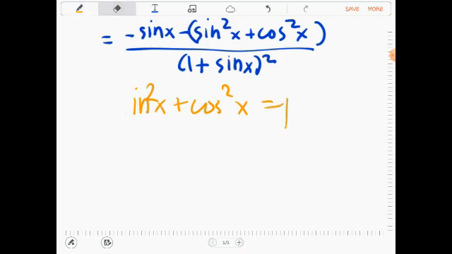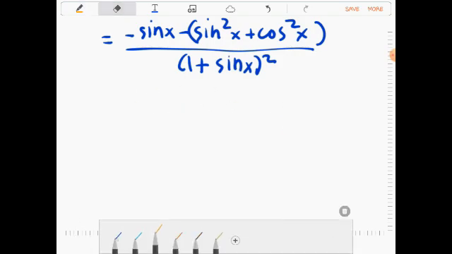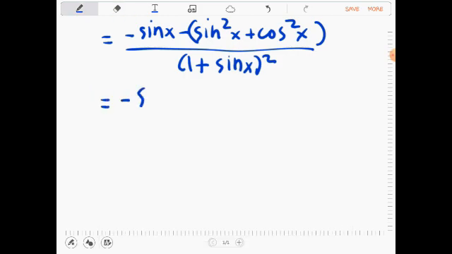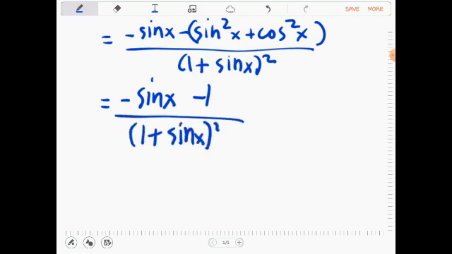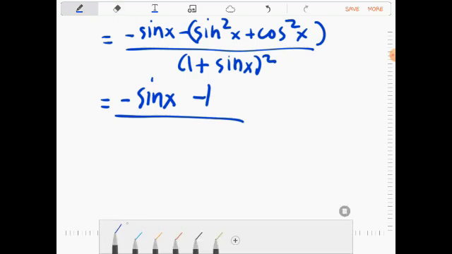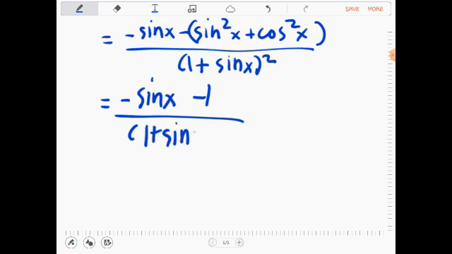Okay? So ngayon, pwede nating sabihin that it is equals to negative sine x minus 1 all over 1 plus sine x squared. Ngayon, ito ay merong value. Pag finactor natin yan, this should be equals to... balik ko muna. 1 plus sine x squared.